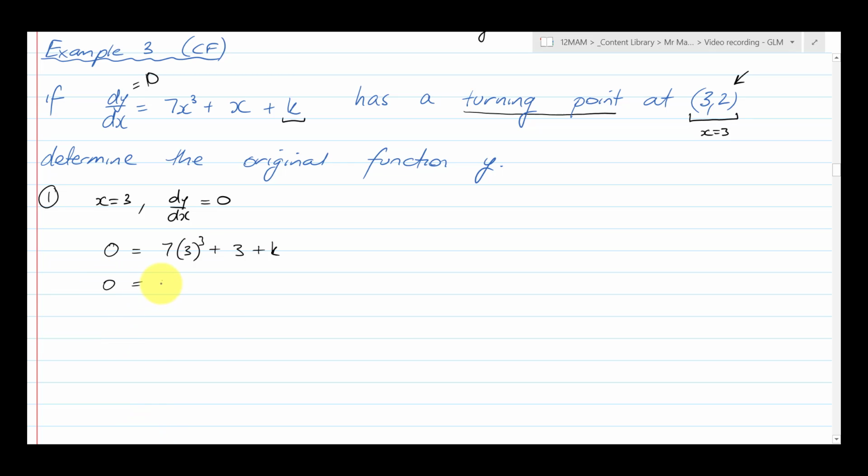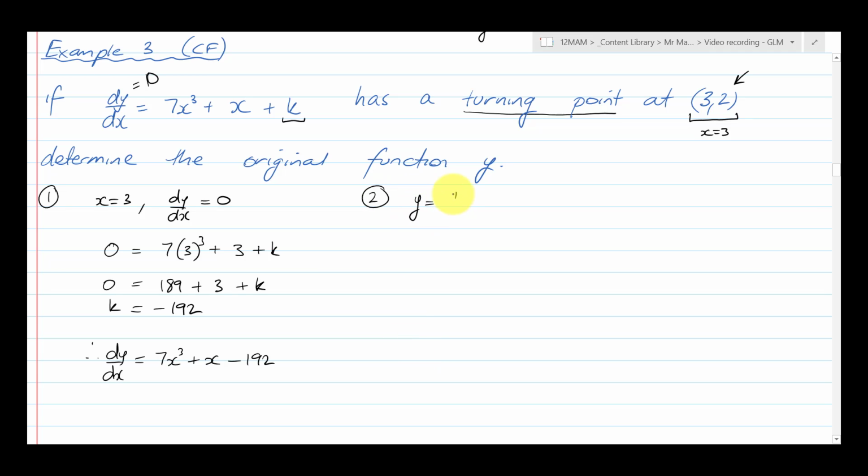So I get 0 equals 189 plus 3 plus k, leaving me k equals negative 192. So I've got k equals negative 192, and therefore dy/dx is equal to 7x cubed plus x minus 192. And so my second step is to integrate.